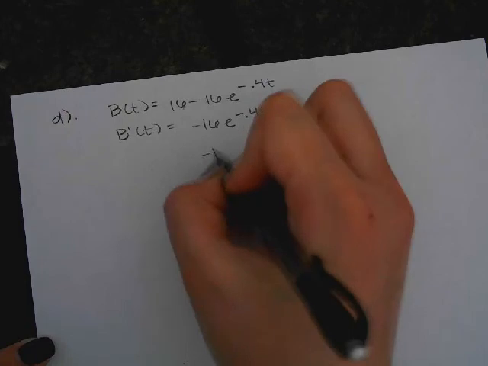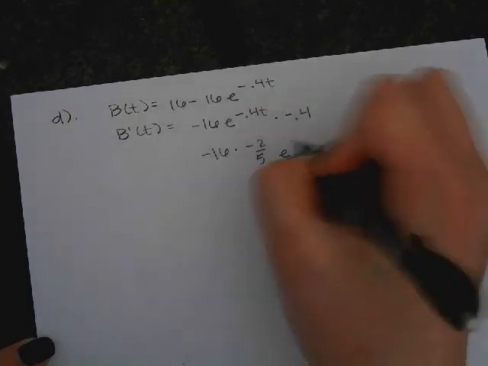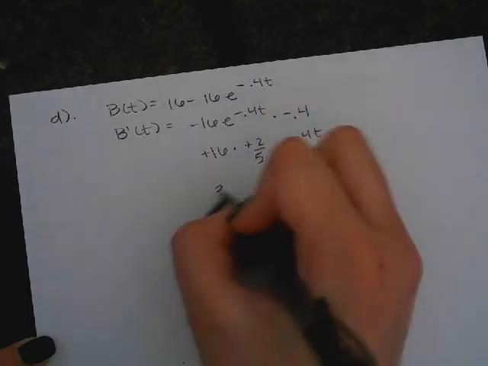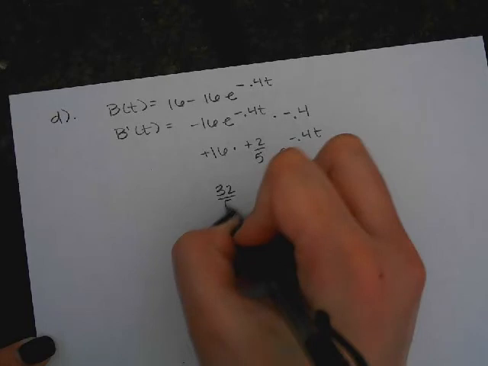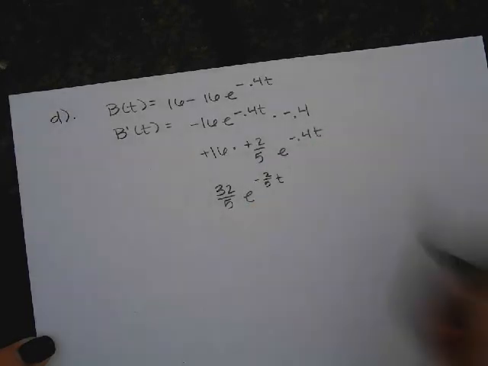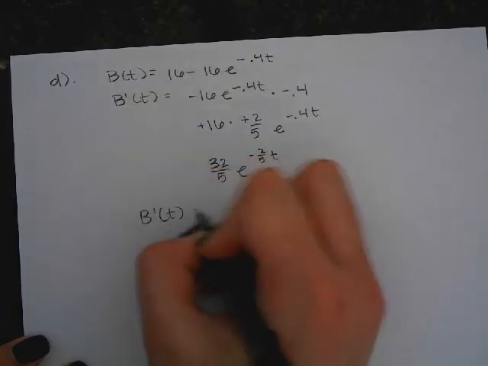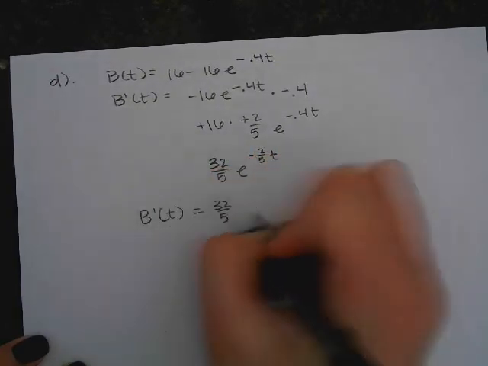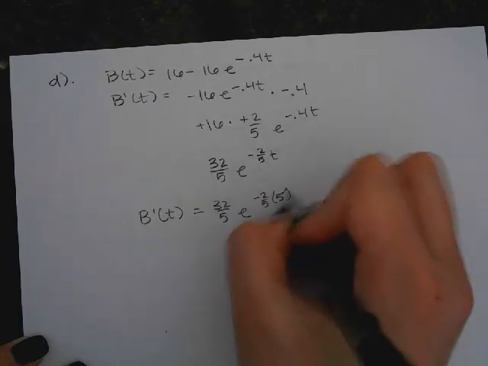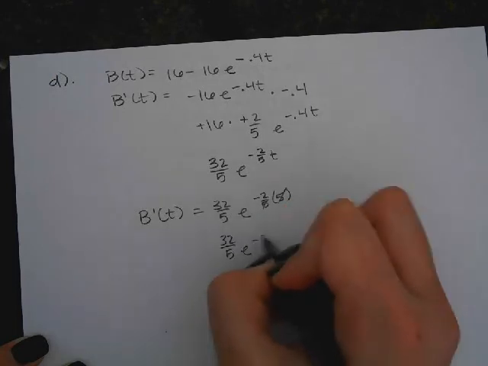So I've got negative 16 times negative 2/5 e to the negative 0.4t. Okay, so now we're going to go ahead and plug in 5. So 32 over 5 e to the negative 2.